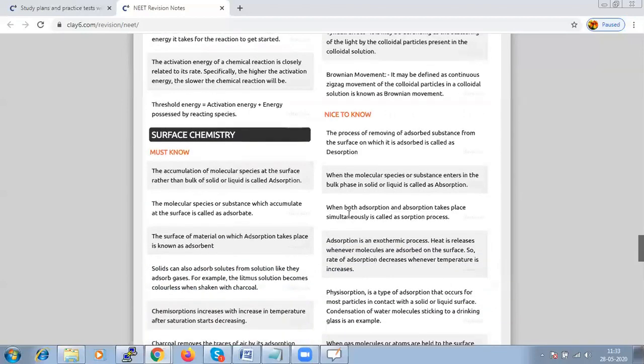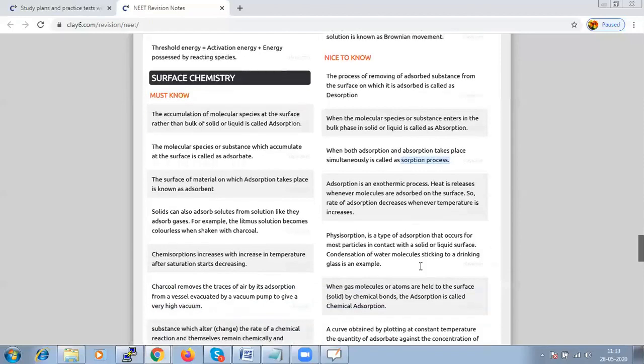And when both absorption and adsorption take place simultaneously, the process is called sorption. And do remember, adsorption is an exothermic process because heat is released whenever molecules are adsorbed on the surface. Hence, the rate of adsorption will decrease whenever there is an increase in temperature.